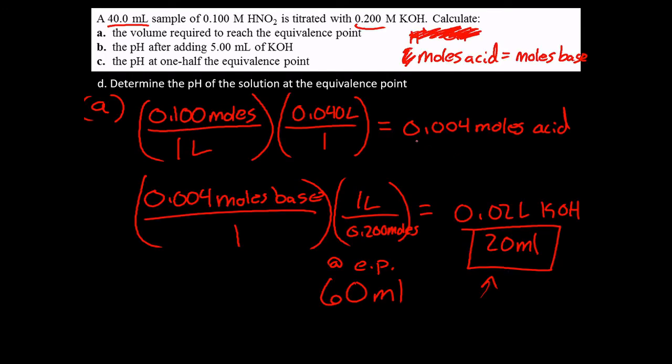Now, because these different sections build on each other, some of the stuff that we need to solve this has already been worked out for us. For example, one thing that we'll need is the initial amount of acid that we started with. And in part A, we worked that out. It was 0.004 moles.